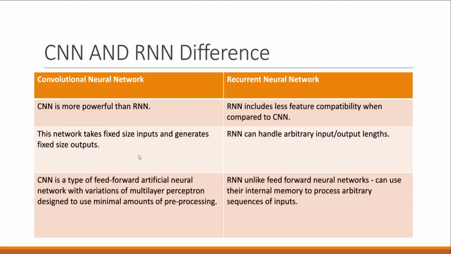That means the network will learn specific patterns within the picture and be able to recognize them everywhere in the picture. RNN can handle arbitrary input and output lengths, and is used in time series prediction, image captioning, natural language processing, sentiment analysis, and machine translation.